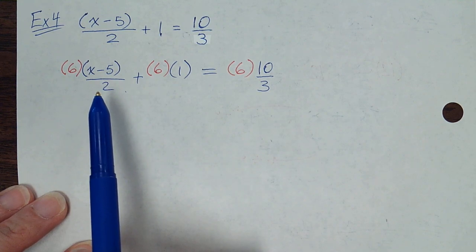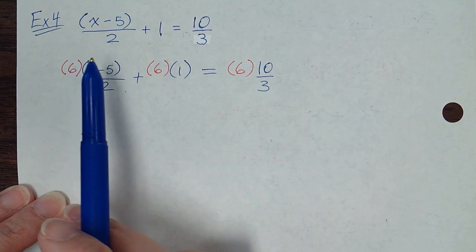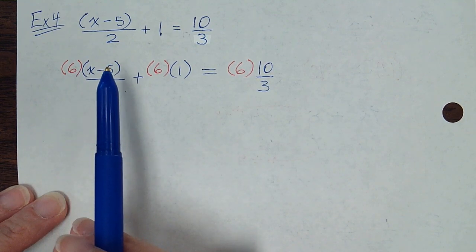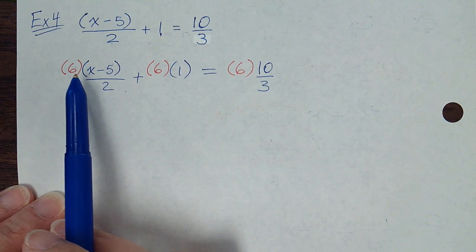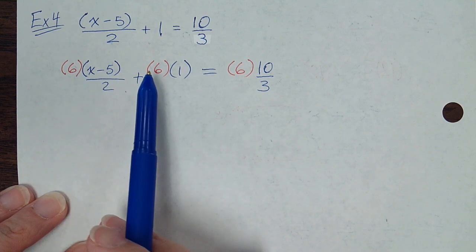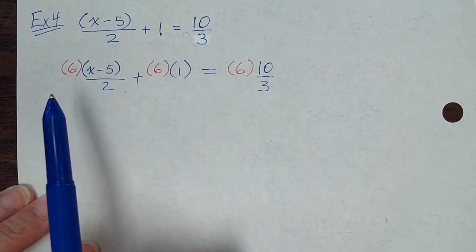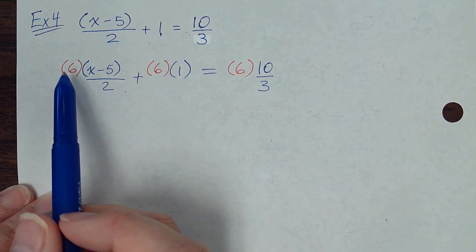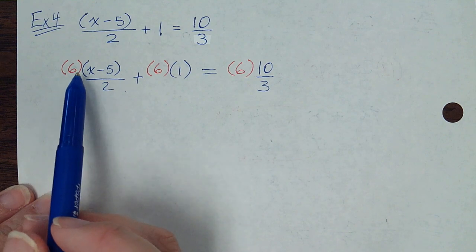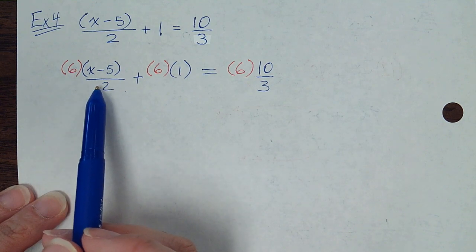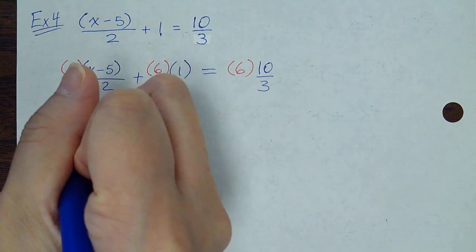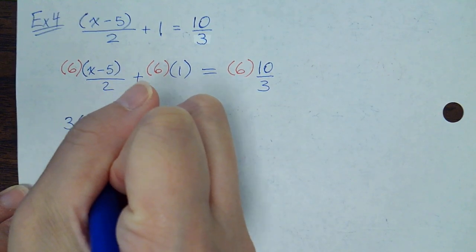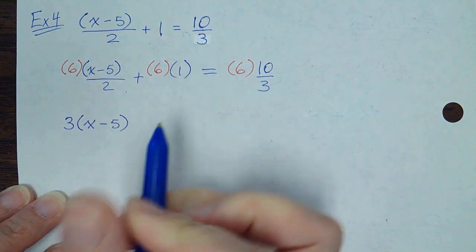Miriam? Like expand the 6 to the x and put that to a -5. Right, but remember, the trick to multiplying everything through is because we want to get rid of the fraction. So let's try to get rid of the fraction first before we distribute. So what's 6 divided by 2? 3. So then I just have 3 and then keep my denominator like this.